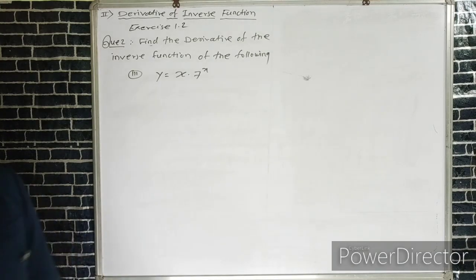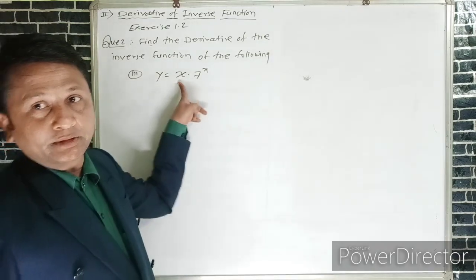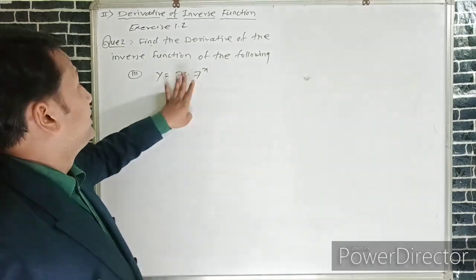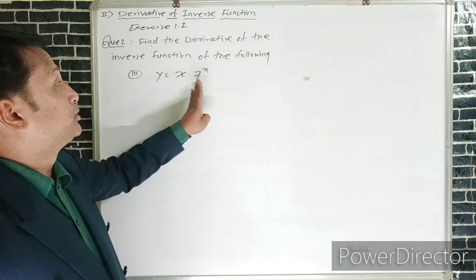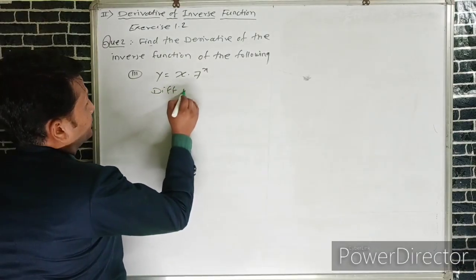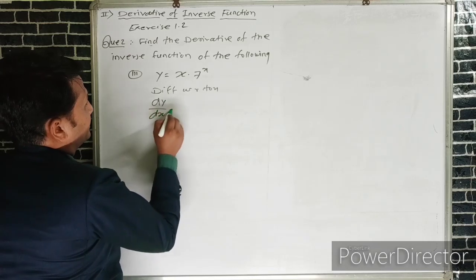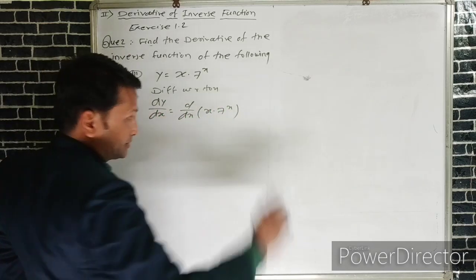Next, example number 3 is y equals x into 7 raised to the power x. Similarly, we can find dx upon dy by using y equals x into 7 raised to the power x. First, we differentiate the given function with respect to x. The derivative of y is dy by dx. We can find the derivative of x into 7 raised to the power x.